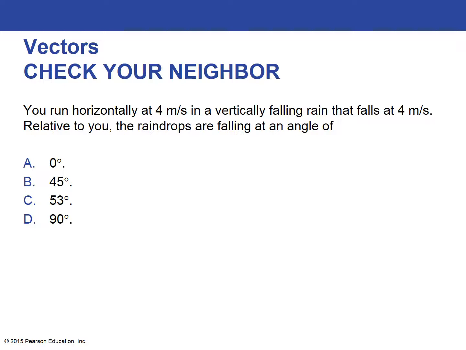The resultant vector I draw connecting the origin, the tail of the first vector, to the head of the second vector, and I get a right triangle with two equal sides, each 1 inch long. Therefore, it is 45 degrees and 45 degrees and 90 degrees in my triangle, and therefore the angle that the drops are hitting the windshield is 45 degrees.